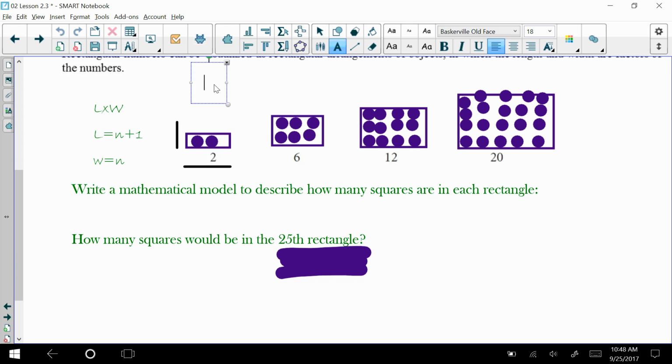So this is the first term, so n equals 1. This is the second term, or n equals 2. This is the third term, or n equals 3. And this is my fourth term, or n equals 4.